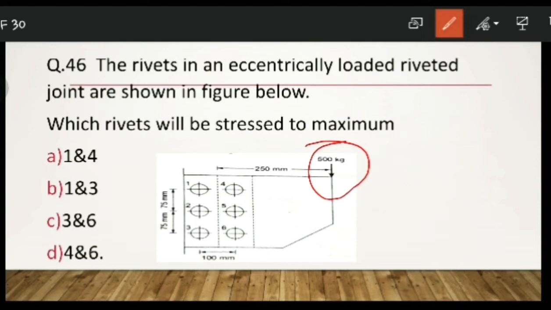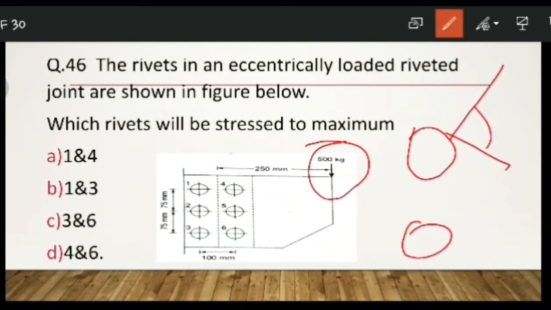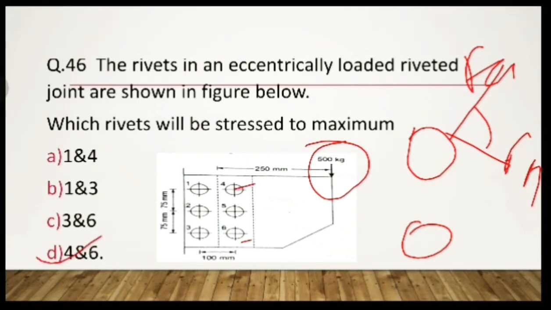In part 1 I have already discussed which type of rivet carries maximum stress, that is rivets containing minimum angle between them, FA and FM, that is 4 and 6 rivet will carry maximum stress.